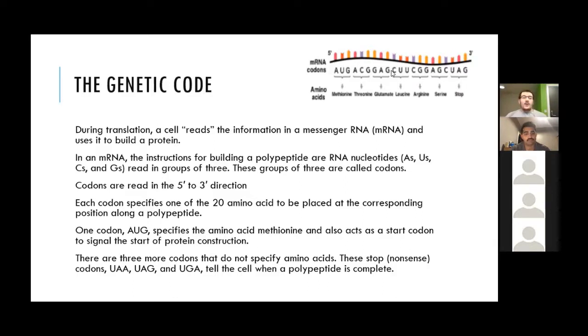Now, an important note is that codons are read from the 5' to 3' direction, always. What that gives you is the three-letter sequence for each amino acid, and so on and so forth. Of course, you have the 20 amino acids.